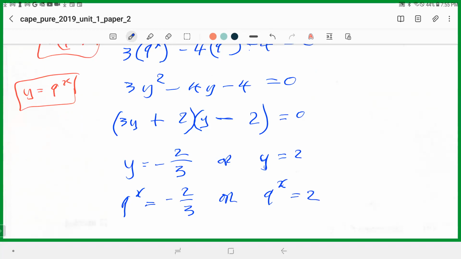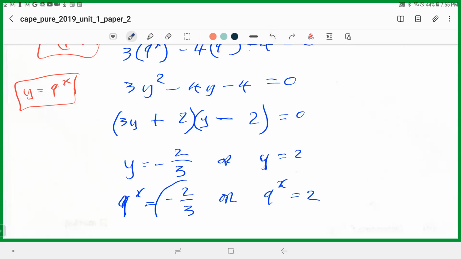Which of them are valid? A positive number raised to a power cannot be negative. Anyone knows that is true. To get x out of the power, you would take logs on both sides.